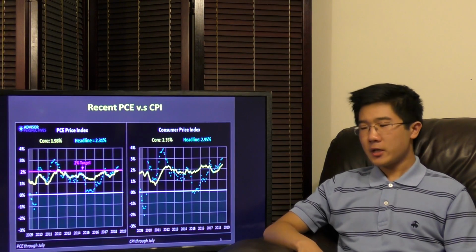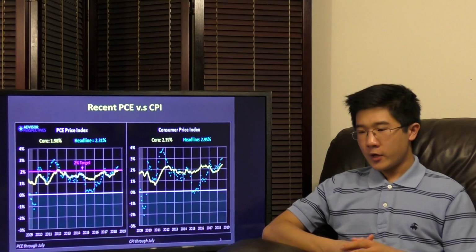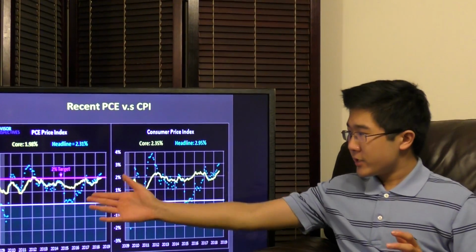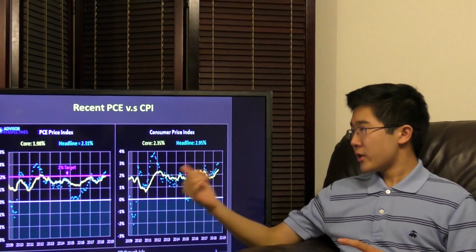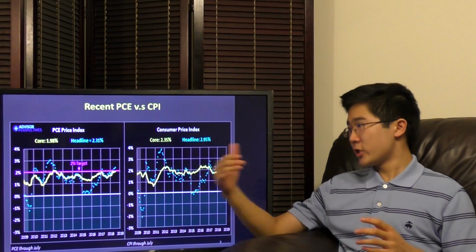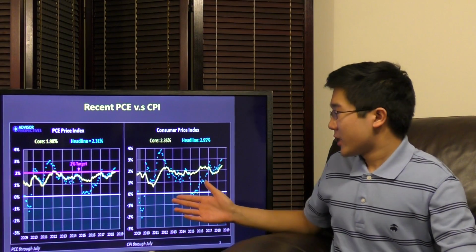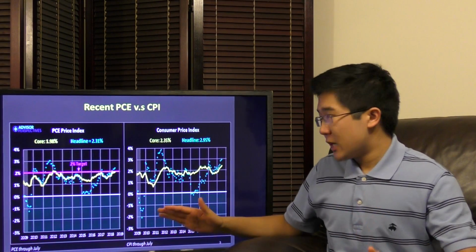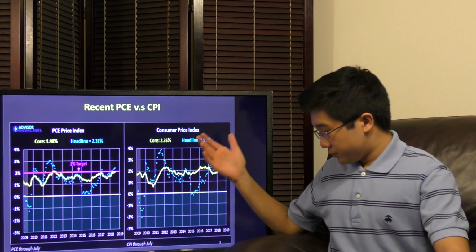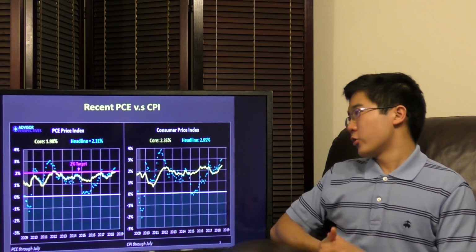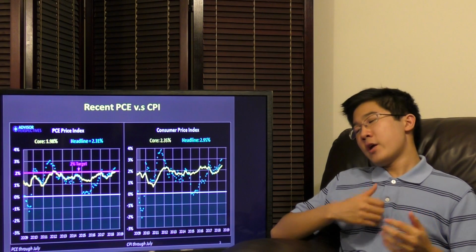Building upon that, let's look at the real-life history of the PCE and the CPI in recent years. As you can see here, this is the PCE, this is the CPI, and in yellow is the core PCE and the core CPI. You can see the core PCE and core CPI are a lot flatter and more stable than the blue dots. The blue dots represent the headline, or regular, PCE or CPI, that includes the volatile food and energy sectors.